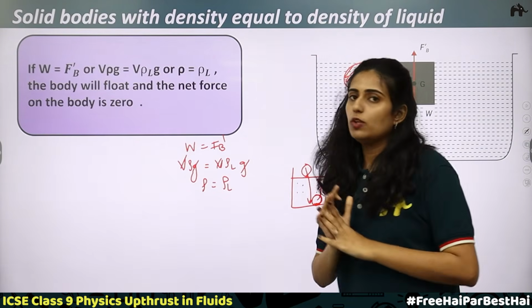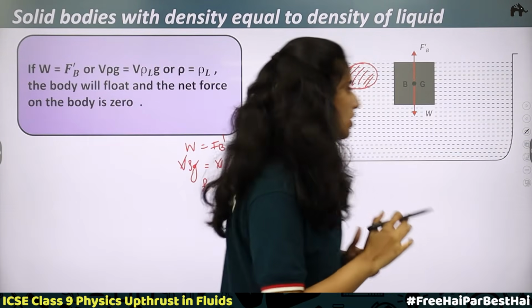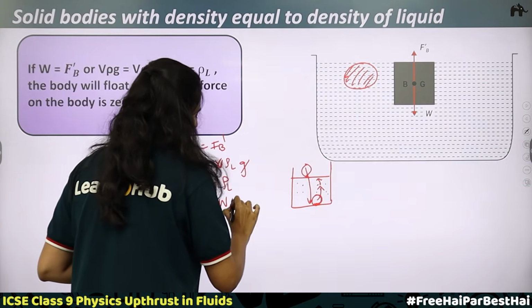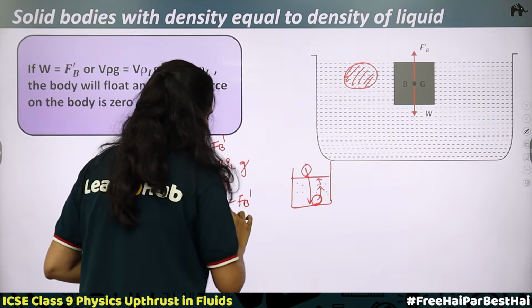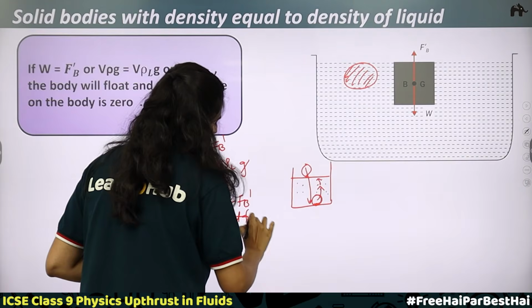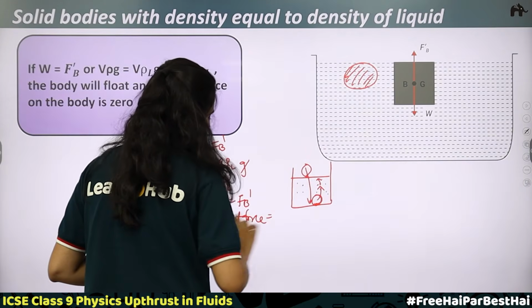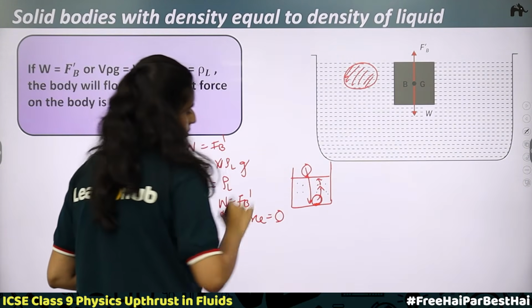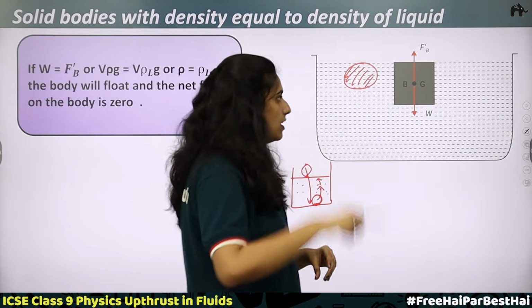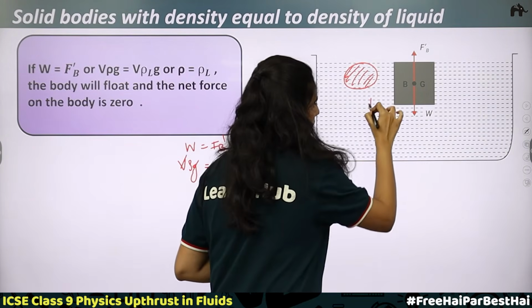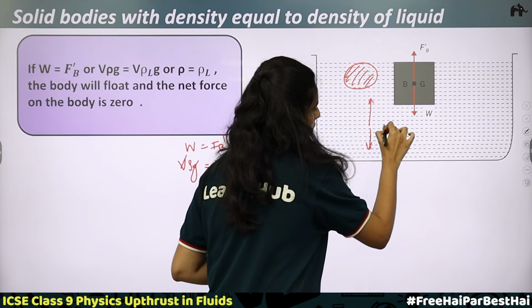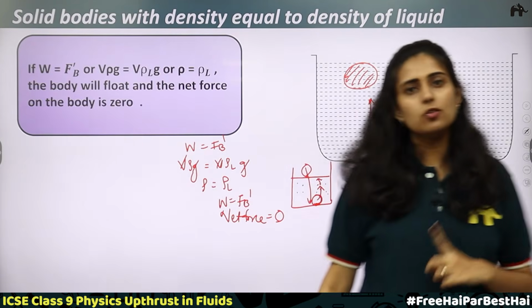Now, in this case, what will be the net force? Here the weight and the buoyant force are equal. Therefore, the net force will be equal to 0. That is, the upward force and the downward force are equal in magnitude.